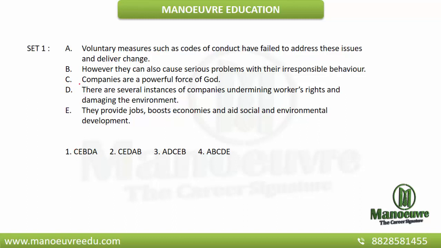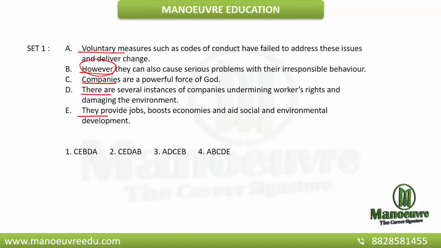Now here, if you look at the first words of all these statements very carefully, you will understand that there are certain words that a sentence will never begin with unless it is a continuation of some other previous topic or some other previous sentence. So let us see, however.